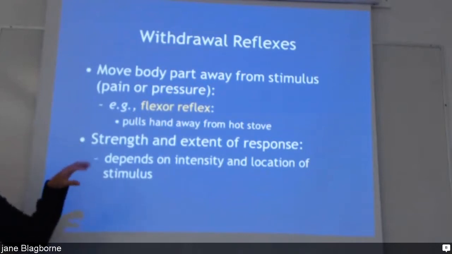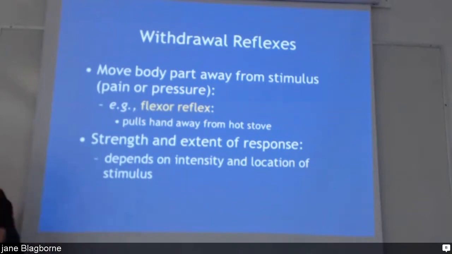But in adults, they can tell if your reflexes are slow or fast, and that gets back into the chemistry, right? Potassium and calcium ions can affect how fast or slow your reflexes are.